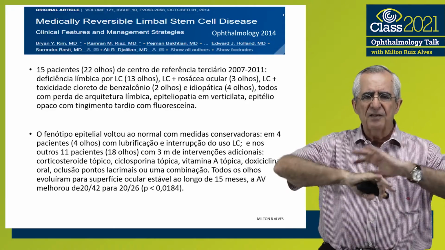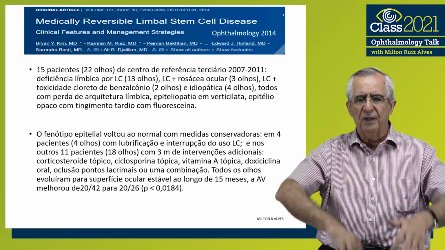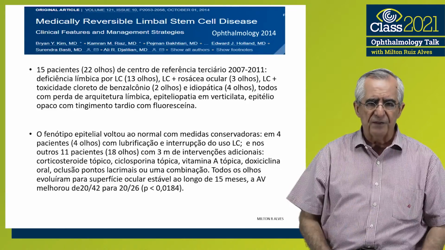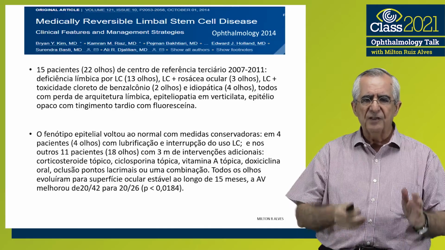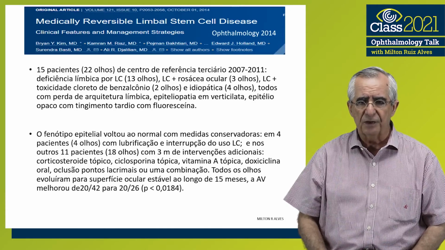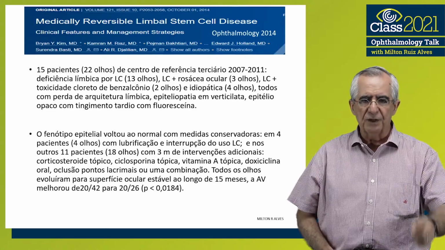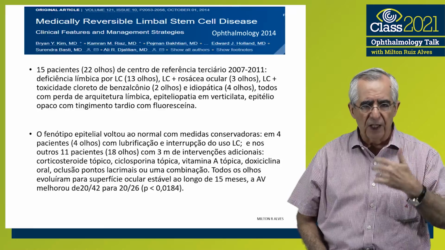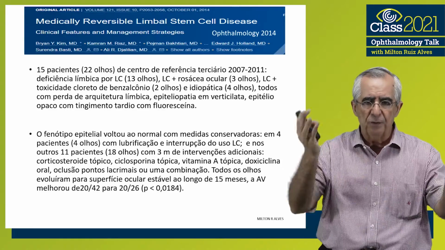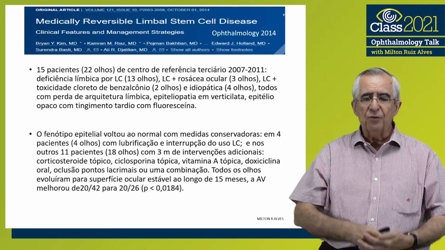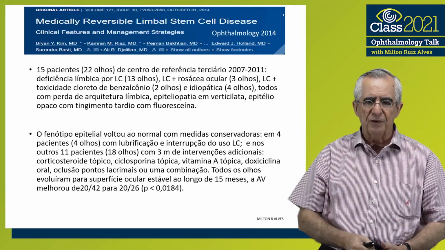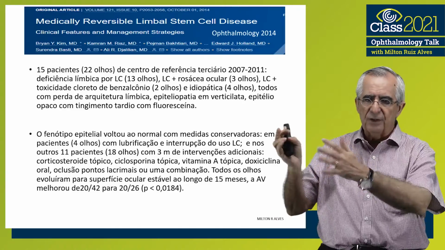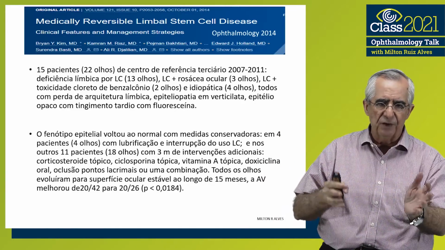And these contact lenses were always soft contact lenses, and in other 11 patients, 18 eyes, it was necessary of 3 months of additional interventions, with topical corticosteroids, topical cyclosporine, topical vitamin A, oral doxycycline, punctal occlusion, or a combination of these treatments. All eyes evolved to be a stable ocular surface over 15 months of follow-up, and visual acuity improved from 20/42 to 20/26.